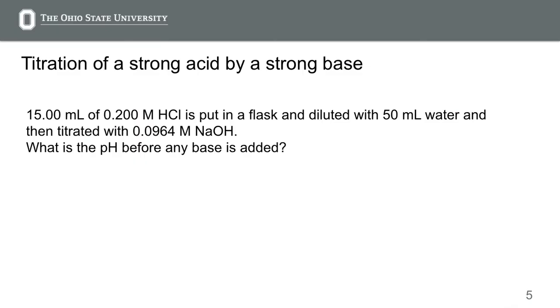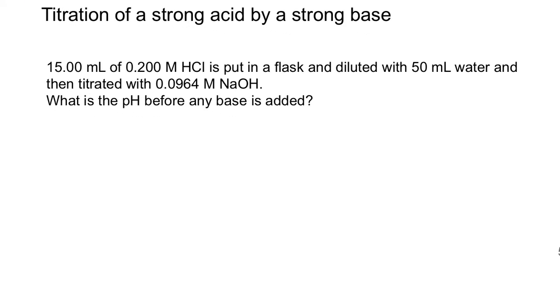Okay, so we know now that the equivalence point is going to occur when we've added 31.2 milliliters of sodium hydroxide solution. Let's go back now and look at calculating the pH at the various points along the titration curve. The first one is, what's the pH before any base is added? What type of problem is that?